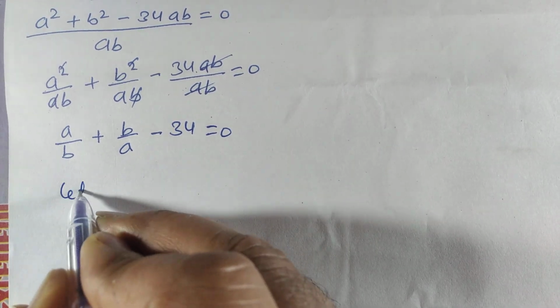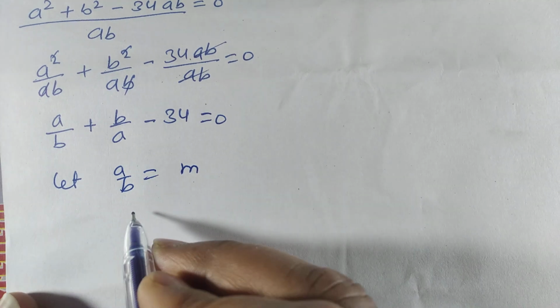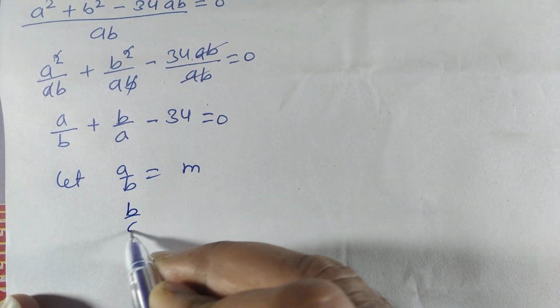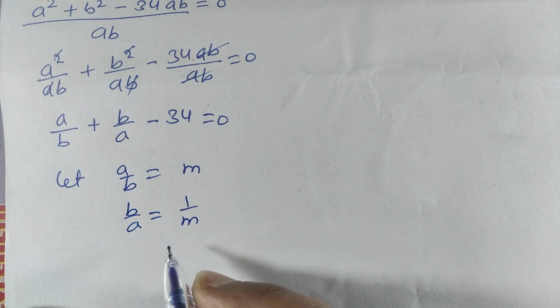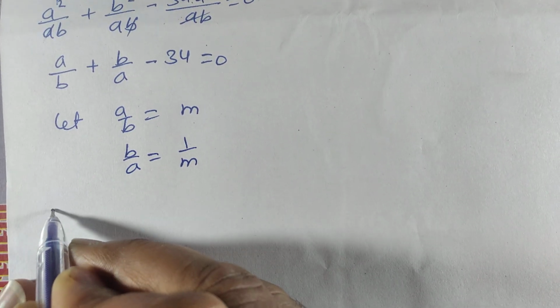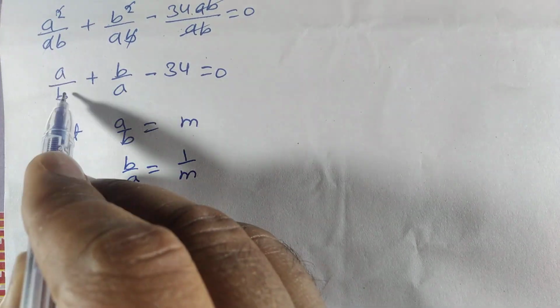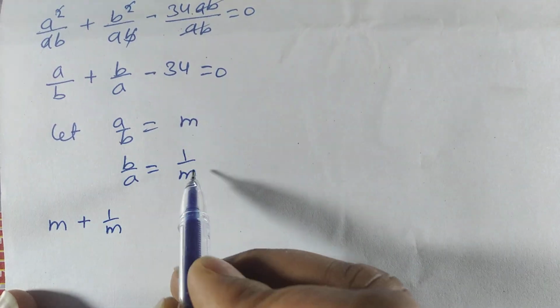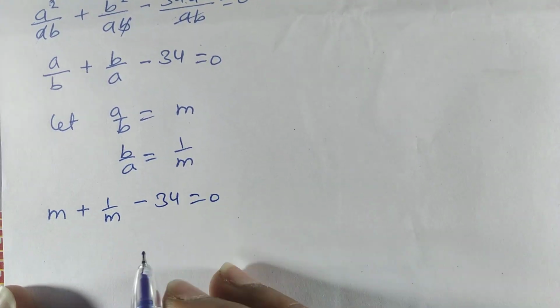Let a over b is equal to m. Then b over a would be 1 over m. Putting this value in this equation: m plus 1 over m minus 34 is equal to 0.